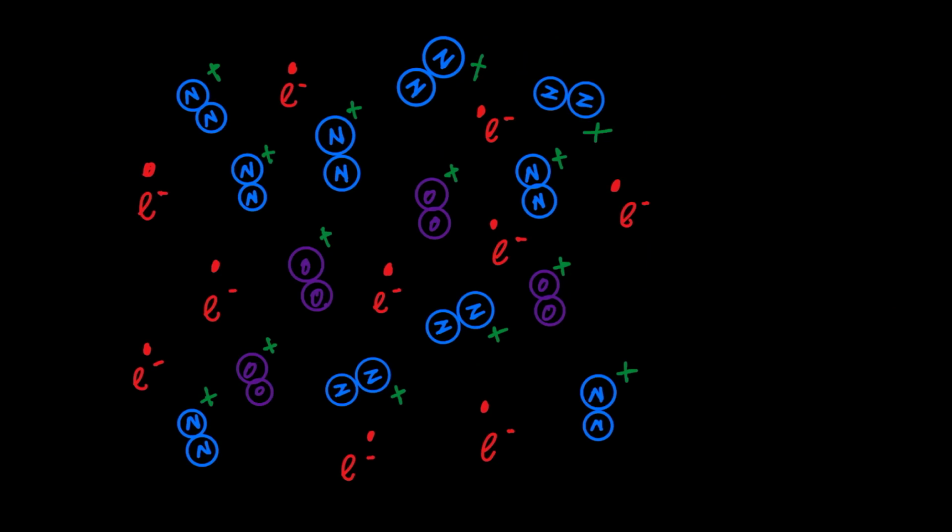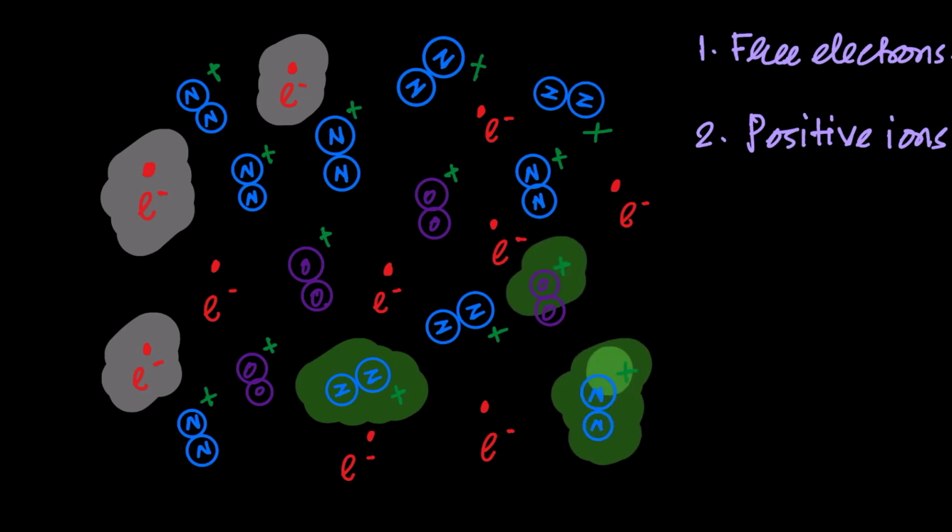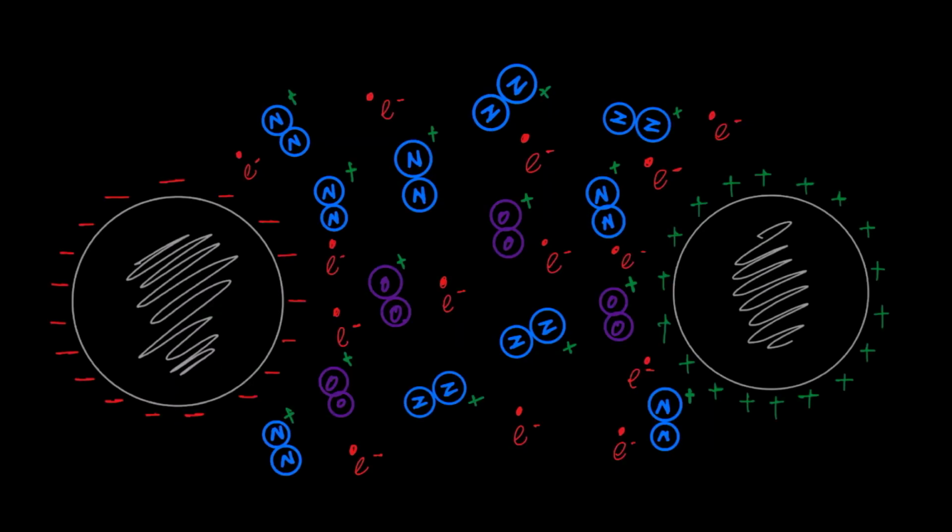Based on our assumption, now the medium contains, number 1, free electrons, number 2, positive ions, that is N2+, O2+, etc. Since the metal balls are close enough, there is a strong electric field in this region.